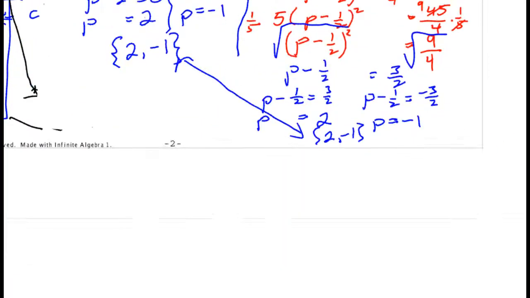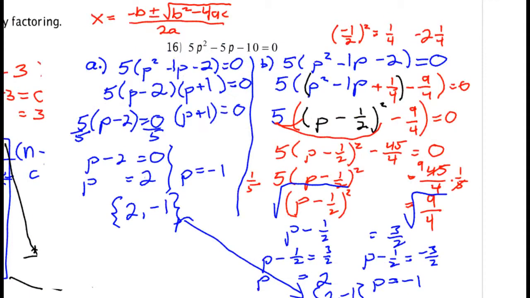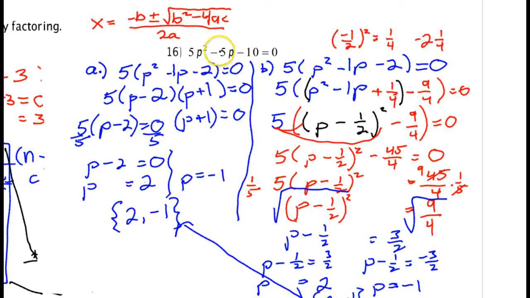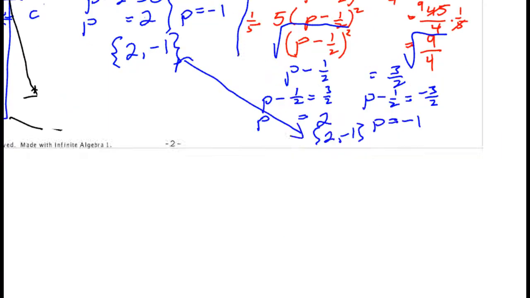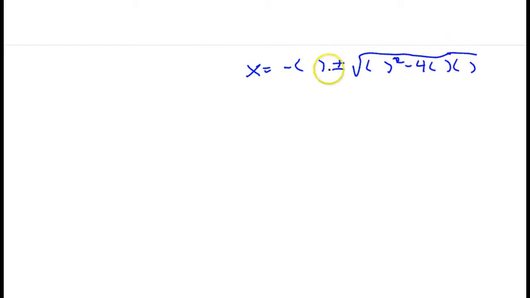Lastly, I can do the quadratic formula with 5, negative 5, and negative 10. So negative b plus or minus the square root of b squared minus 4ac, all over 2a.